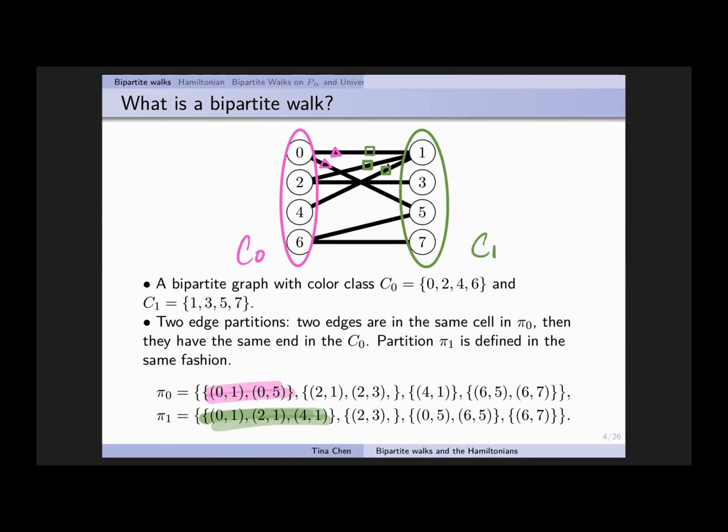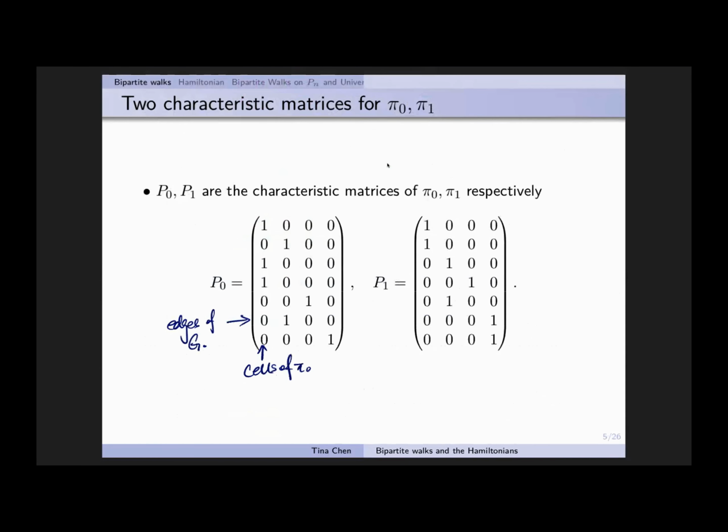Now we have two partitions. Based on these, we can have two characteristic matrices corresponding to our partitions pi 0 and pi 1. We call them P0 and P1. Basically, the rows of each characteristic matrix are indexed by the edges of our graph, and each column is indexed by a cell of our partition.